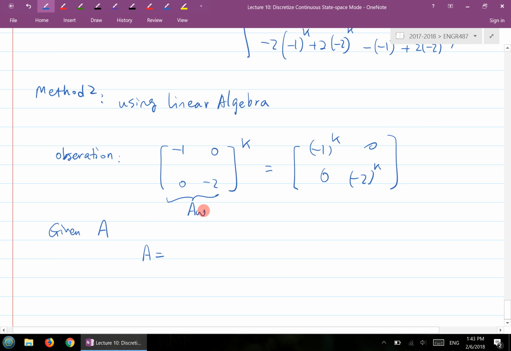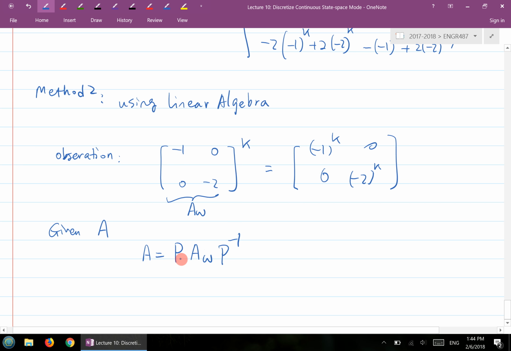It doesn't matter for AW, but it does matter when you do the similarity transformation, which is what I'm going to write here. You write down AW with the diagonal elements as the eigenvalues. But of course, this is different from the original A matrix, so how do I get it back?